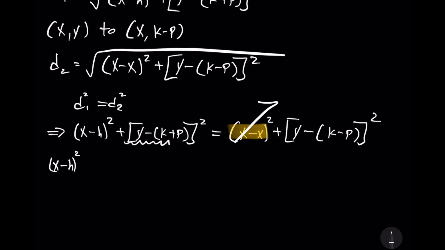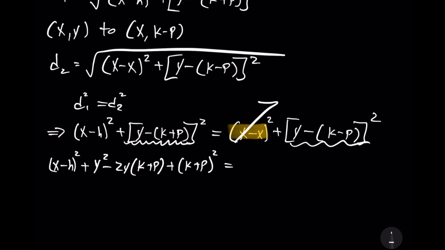And let's, so to speak, expand this out. So we have y squared minus 2y times the quantity (k plus p) plus the quantity (k plus p) squared, is equal to, now let's expand that out on the right-hand side, y squared minus 2y(k minus p) plus (k minus p) squared.